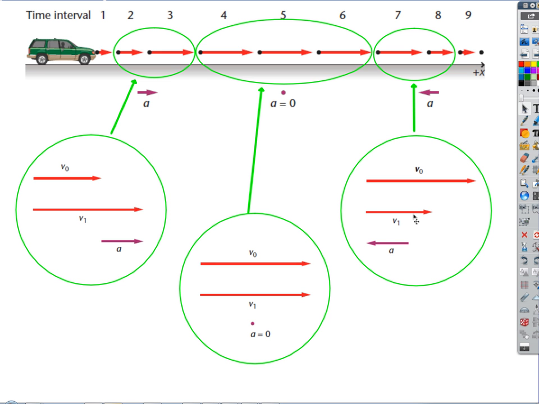So does it make sense that the acceleration is negative there? Right? Isn't it true that if we change from, let's just say arbitrarily that this was 10 and that was 6, from positive 10 meters per second to positive 6 meters per second, we lost 4 meters per second, right? Make sense?